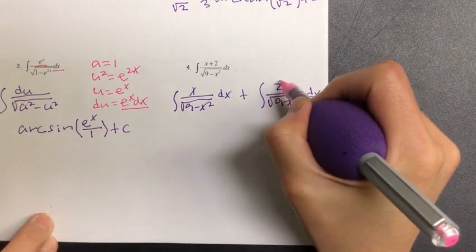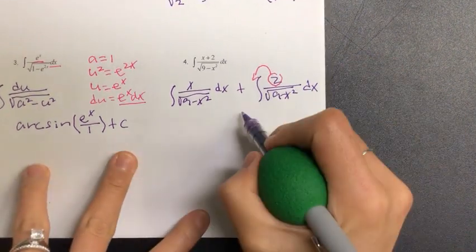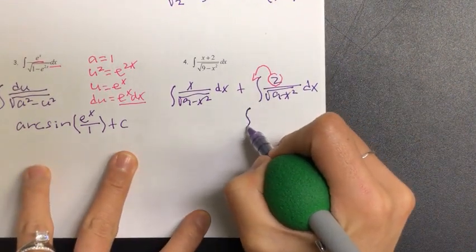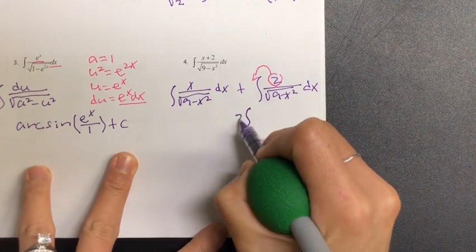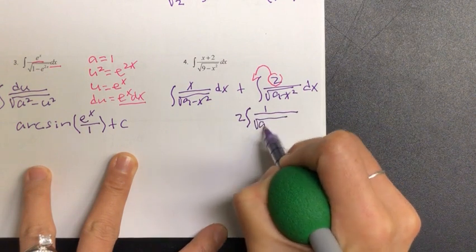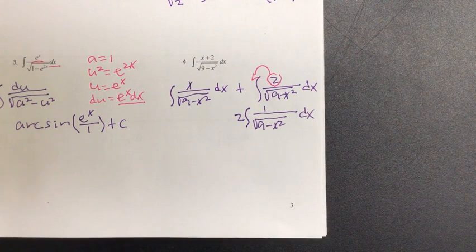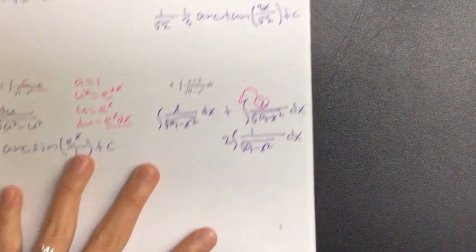On my second one, I want to go ahead and bring the 2 to the front. And when I do, we can go ahead and make it look like the arc sine. Bring the 2. So we have 1 all over square root of 9 minus x squared dx. So now we can go ahead and assign what is a and what is u.